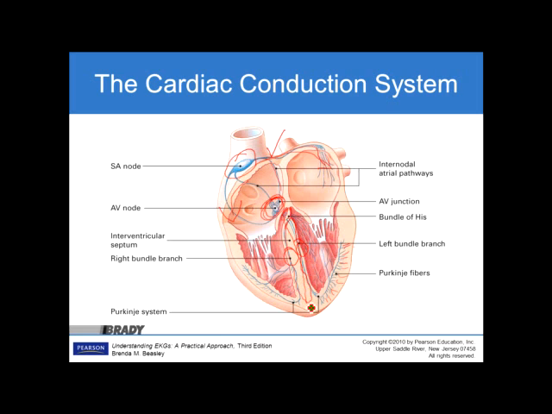As this travels down to the apex, nothing starts contracting until it hits this spot in the heart. At this spot, the electrical stimulus turns and gets transmitted into the myocardial tissue where it starts the contraction. This place being first, the atria will contract in this direction, and the ventricles will contract in this direction.